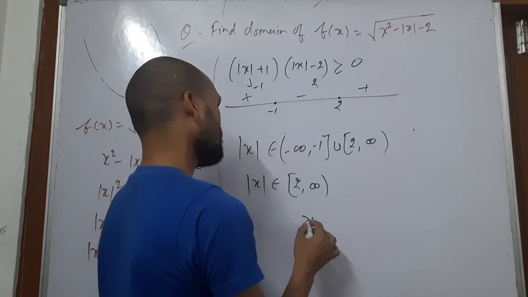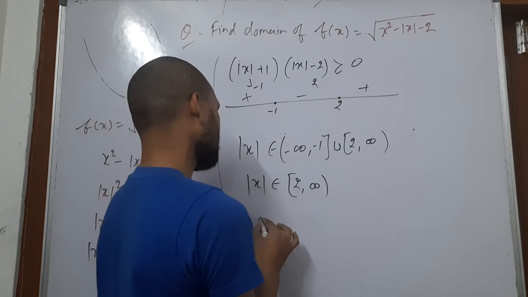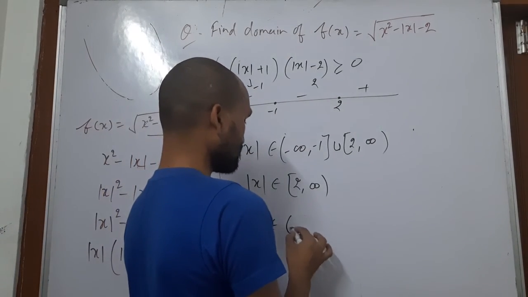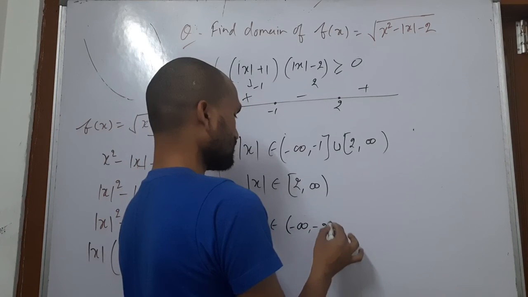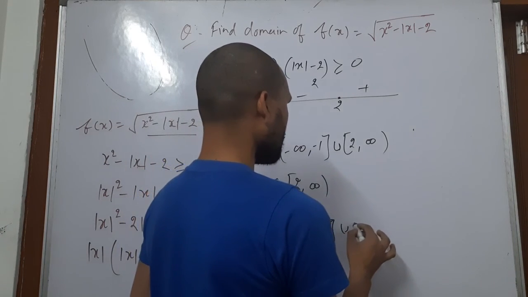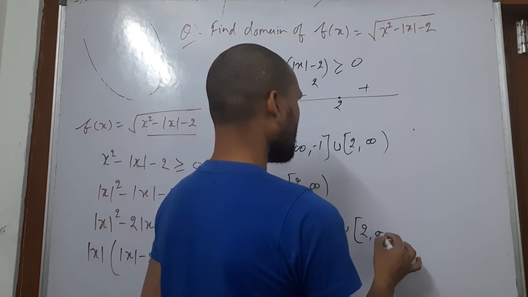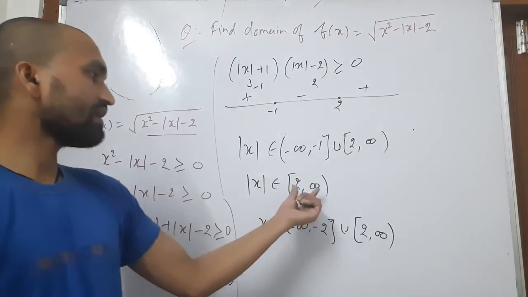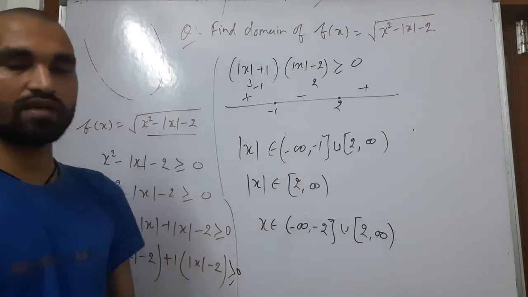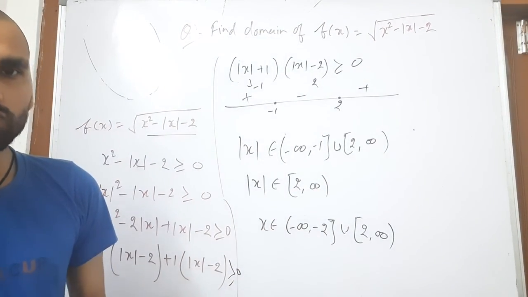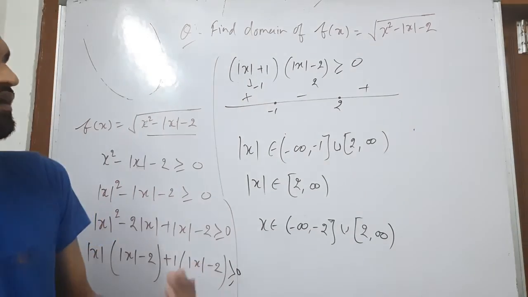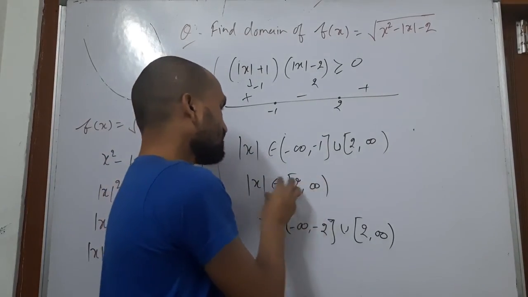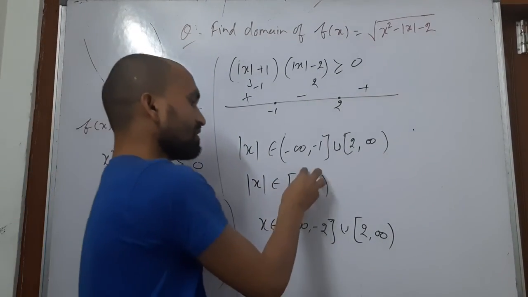Then x belongs to what? Minus infinity to minus 2 union 2 to infinity, because negative values are also included: the mod of those negative values will be these values.